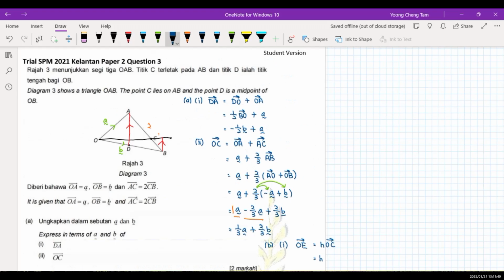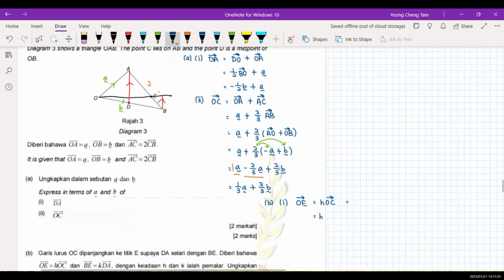Yes, we have the answer already, so there's no need to start from OA plus AC and continue with the next step. You just copy the answer. So OE is equal to H times (1 over 3 A plus 2 over 3 B).